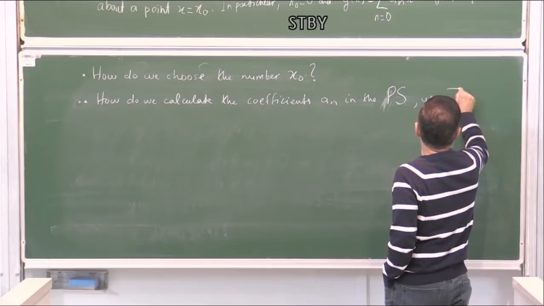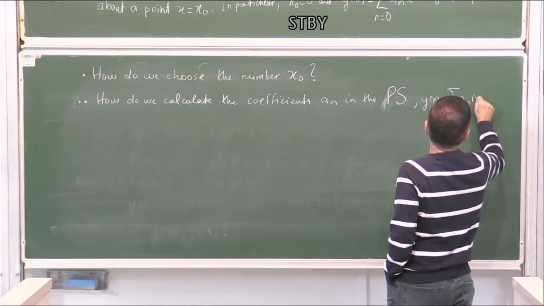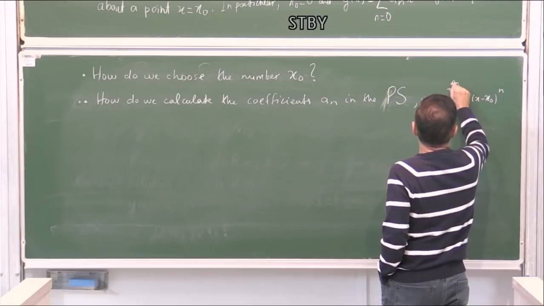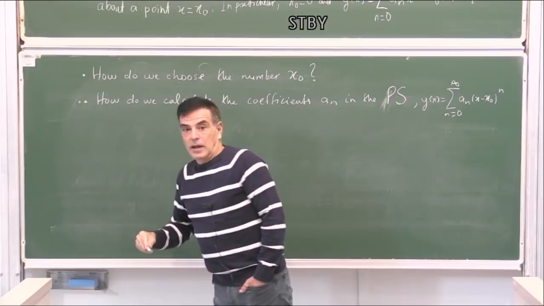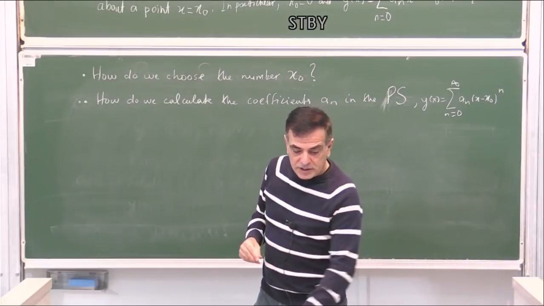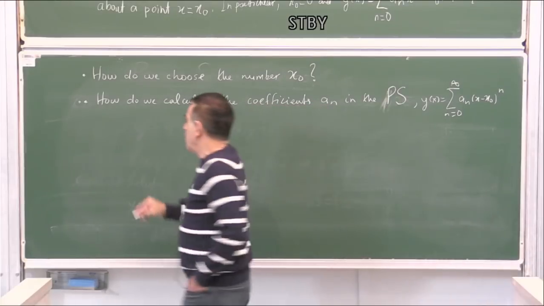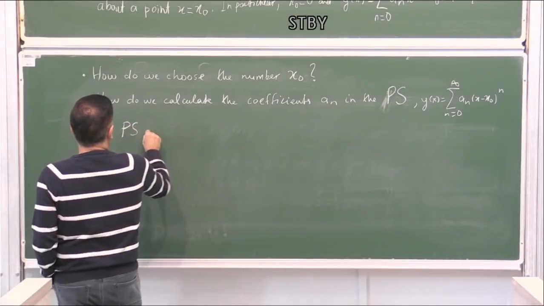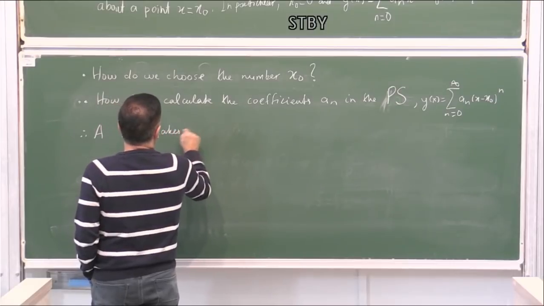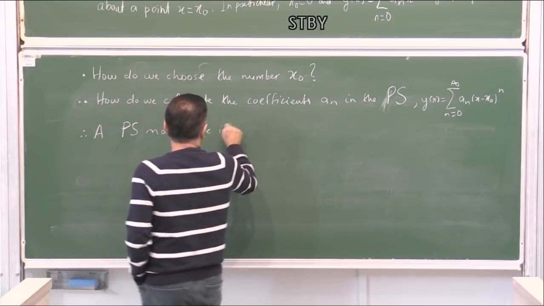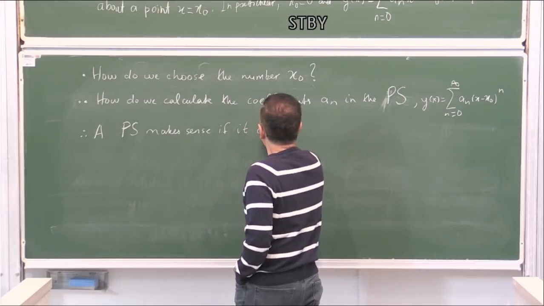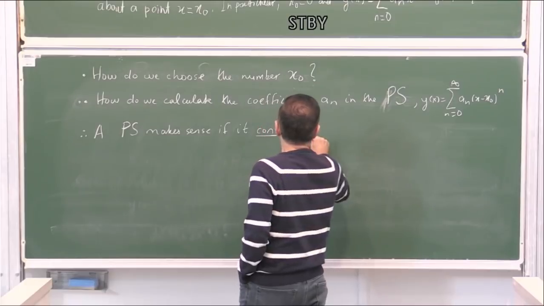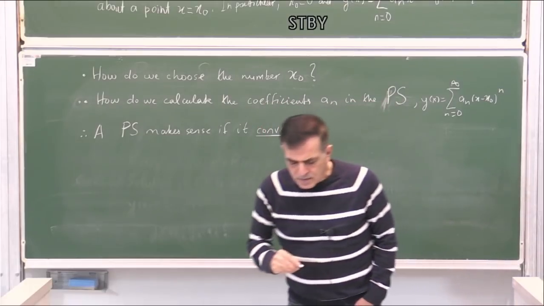Is that a_n (x minus x0) to the power n. And most important is that a power series makes sense if it is convergent. Okay?